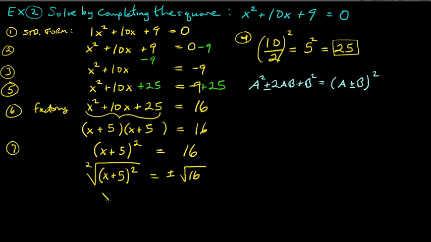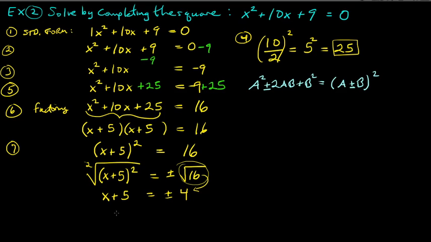So the left side is just x plus 5, and the right side is plus or minus the square root of 16, which I hope you know is just 4. In the last problem, this did not simplify. It was the square root of 5, so you had to leave it. But don't leave the square root of 16. Simplify it to get 4, or plus or minus 4.